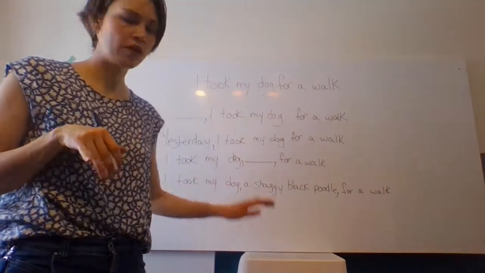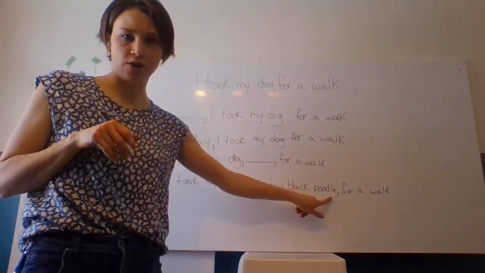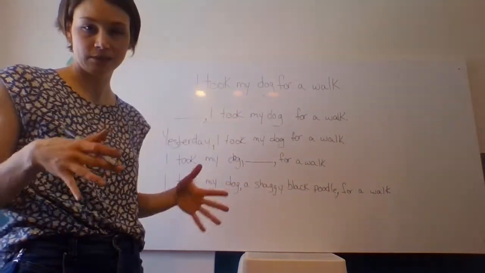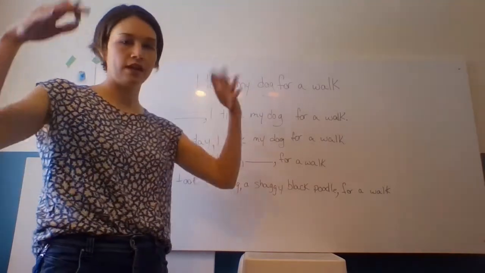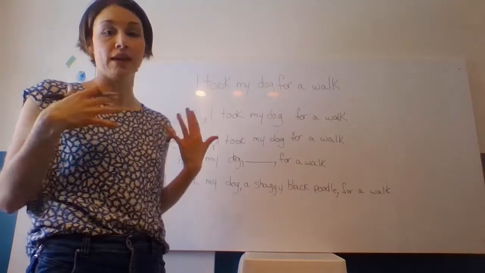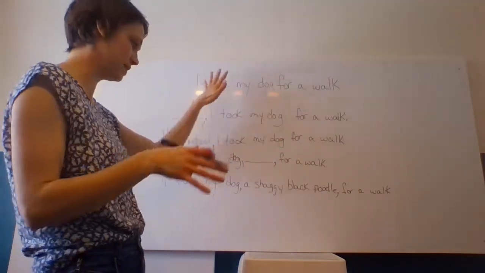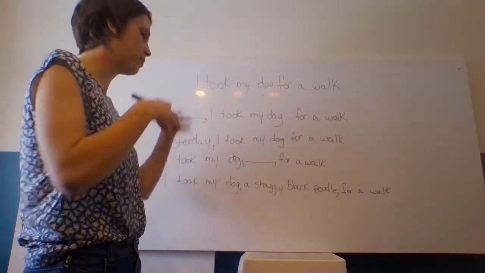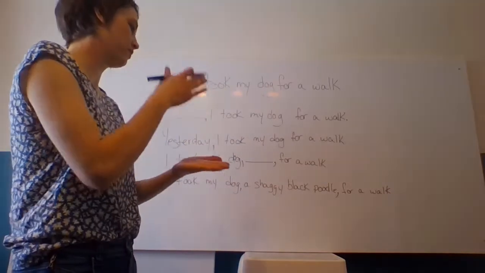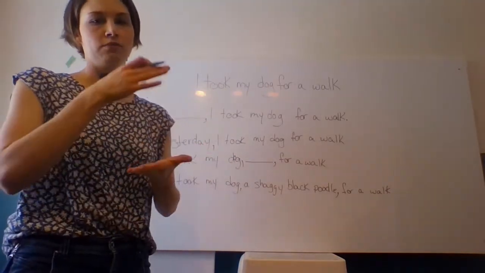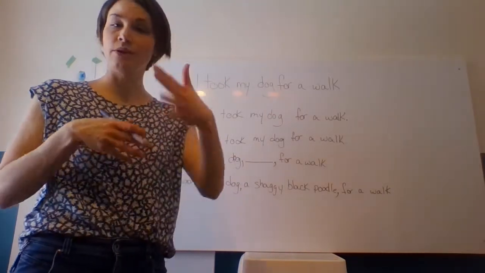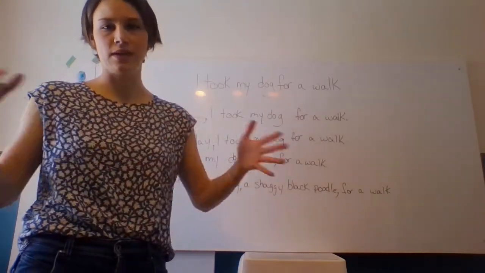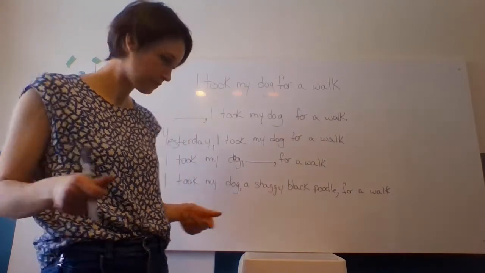The information in between the 2 commas isn't necessary to make it a complete sentence, but it adds information for your reader. In this case, it creates a visual of my dog for the person reading my sentence, and it breaks up the rhythm. Before it was, I took my dog for a walk. Now it's, I took my dog, you give a bit of a pause, a shaggy black poodle, a bit of a pause, for a walk. So that's how we introduce rhythm into our writing.